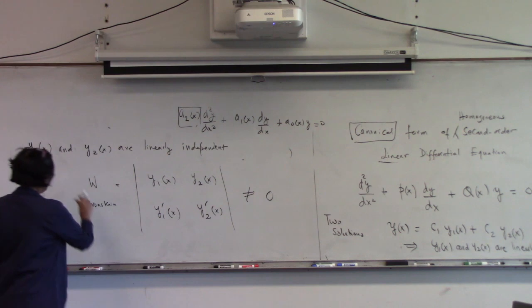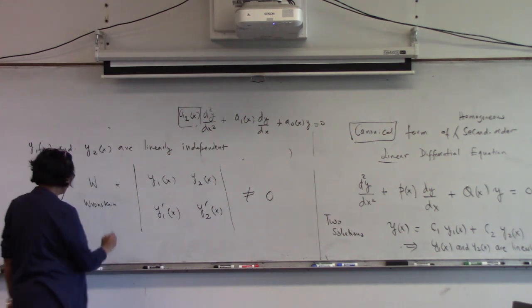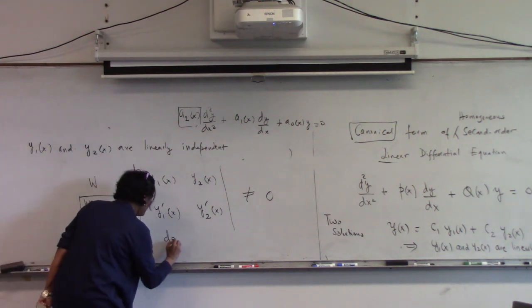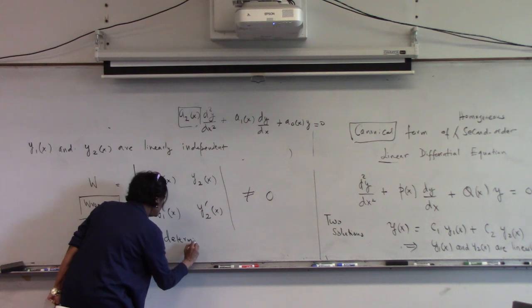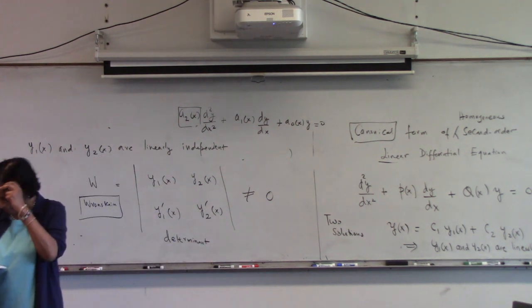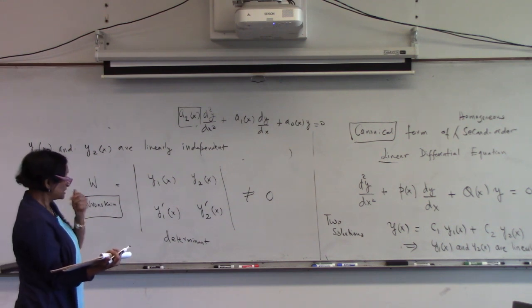if y1 and y2 are linearly independent. The Wronskian is just the definition of this determinant, okay? That's one way of defining a linearly independent solution.